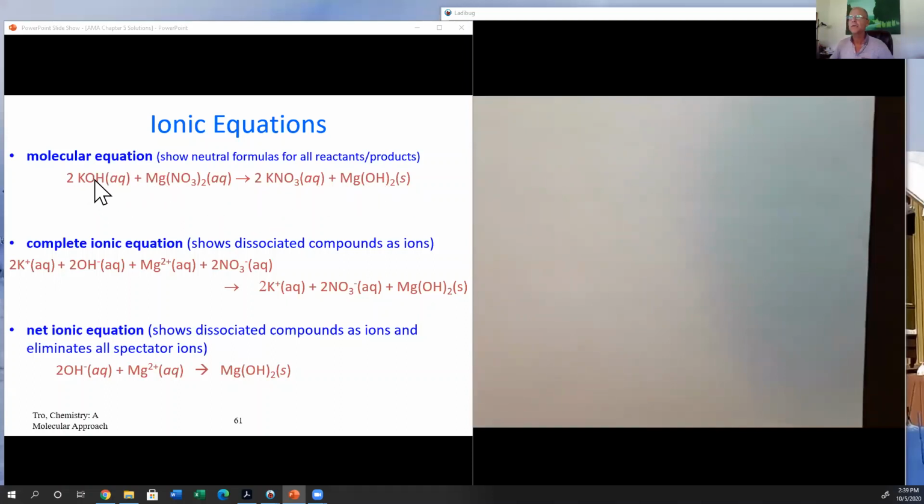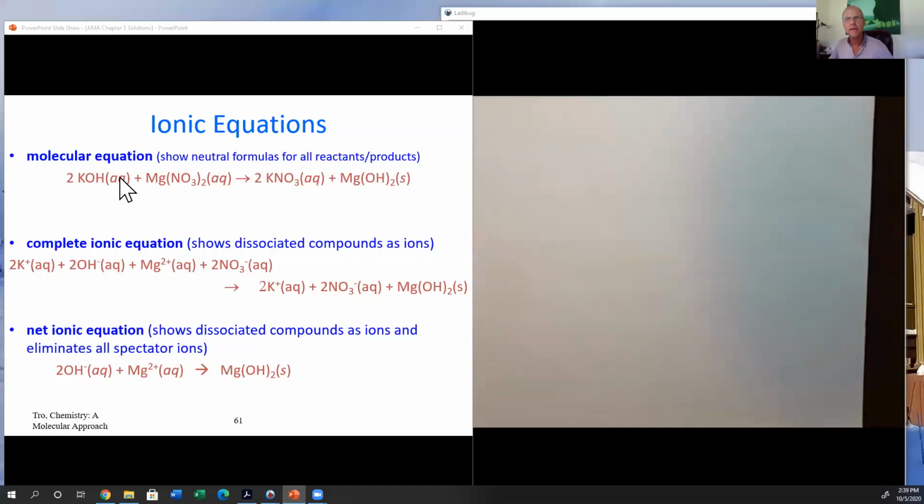So for example, in this reaction, potassium hydroxide aqueous, magnesium nitrate aqueous goes to 2 potassium nitrate aqueous plus magnesium hydroxide solid, right? So you write solid here to indicate that's the precipitate, right? But everything else is written as aqueous, and you write it as neutral formulas for each compound.